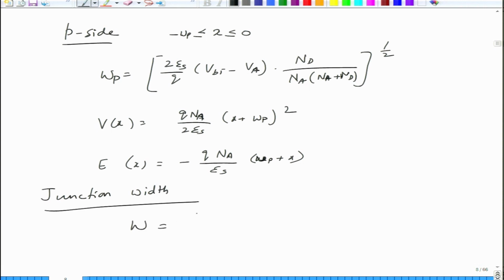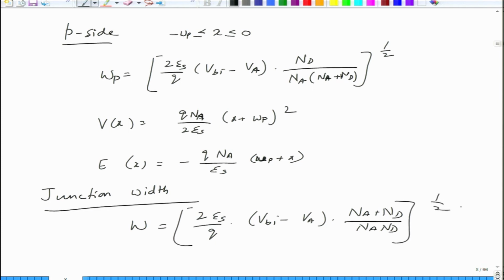W equal to (2 epsilon s divided by q into (VBI minus VA) into (Na plus Nd) divided by NaNd) whole to the power half. You can write this as 1 over Na plus 1 over Nd also.